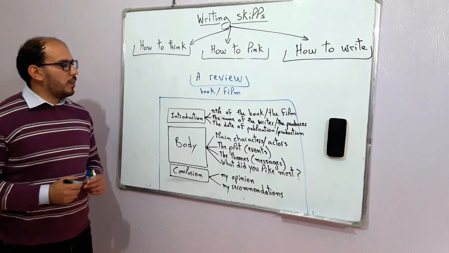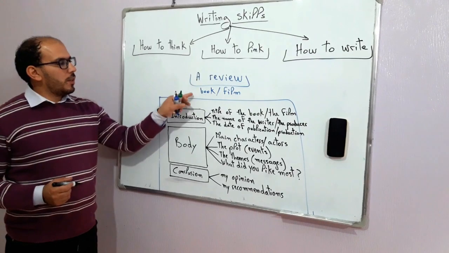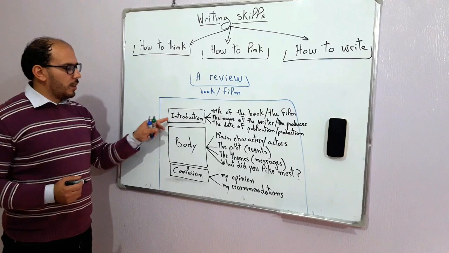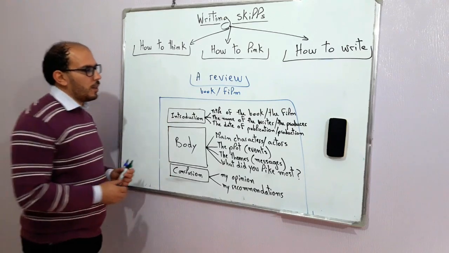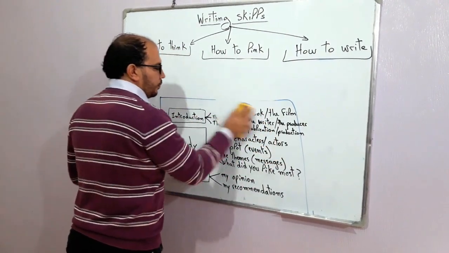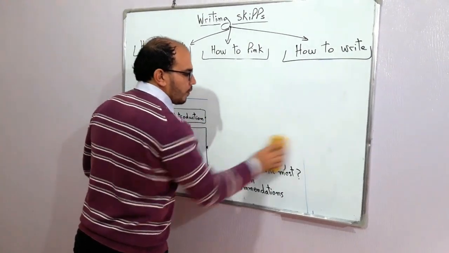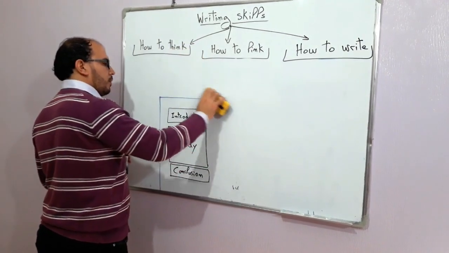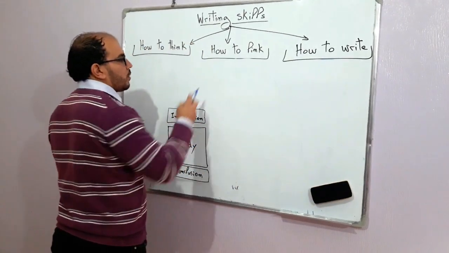Okay, so this is the form or the text structure of a review. It can be a book review or a film review. So there is an introduction, there is a body, and there is a conclusion. Now let's move to the last thing, which is writing a report.